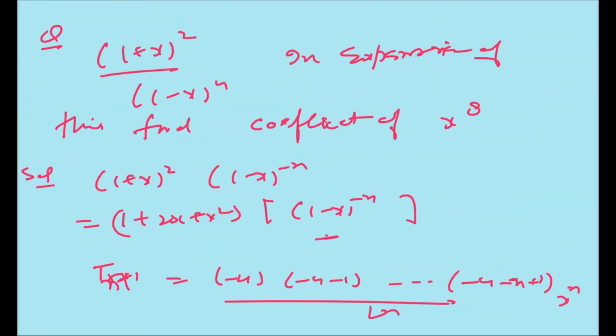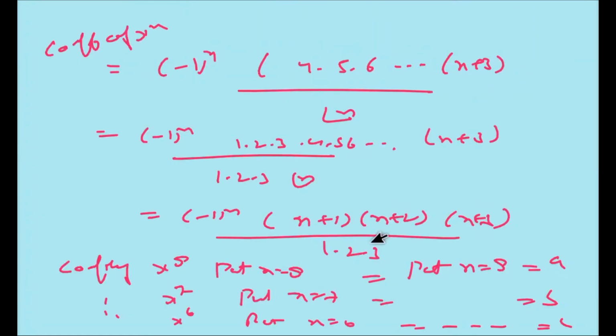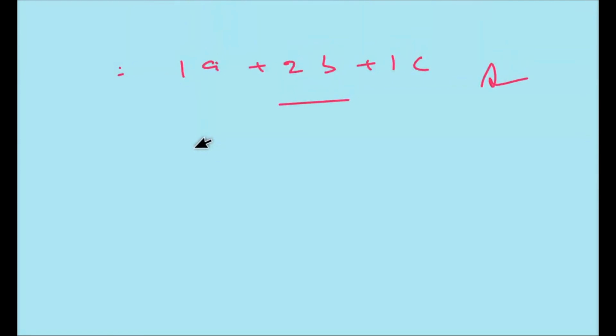Okay, so what will be your answer? 1a plus 2b plus 1c, and this is the calculation. After that you will get the answer 1a plus 2b plus 1c. Okay student, now you can calculate yourself. This process you will use in other equations.